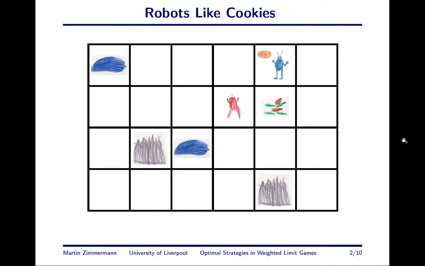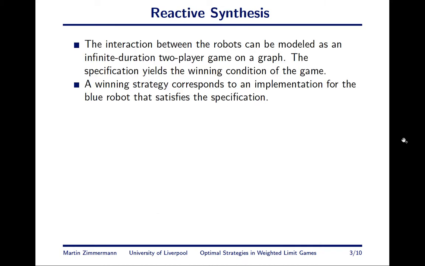The general problem one considers in reactive synthesis is the following. You model the interaction between an agent you want to get an implementation for and its environment as a graph. And on that graph, you play an infinite duration two-player game. The specification you're interested in yields the winning condition of the game.